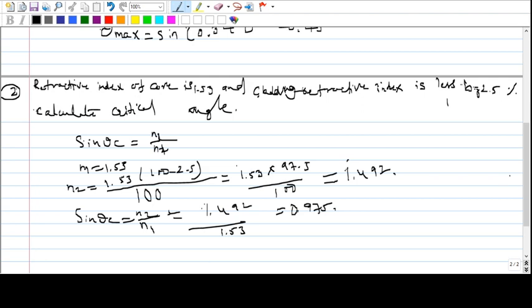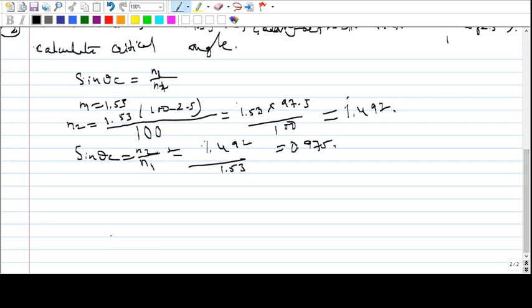From this, now I am calculating theta c. Theta c is equal to sin inverse of 0.975, that is equal to 77.16 degrees. This is the second problem.